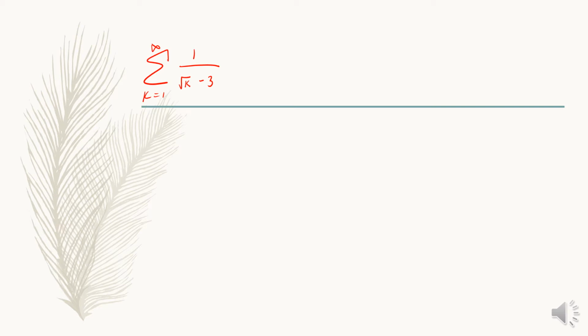But this does kind of look like the p-series of k equals 1 to infinity of 1 over the square root of k. Because it looks like that, I'm going to use the limit comparison test to see what happens. And I already know that this one diverges. The p there is 1/2, which is less than 1.